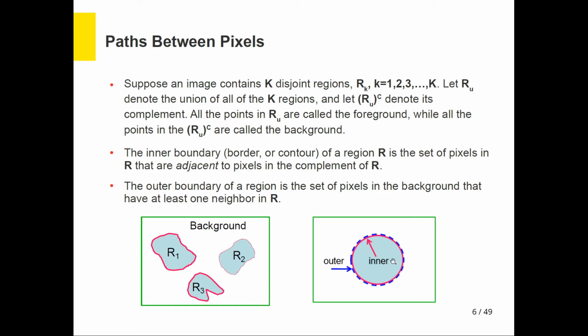And in the figure to the right, we can see the difference between the inner and outer boundary of this circular region within this rectangular image. So all the pixels inside the inner boundary are also part of the region. All the pixels that are part of the outer boundary are in the background.